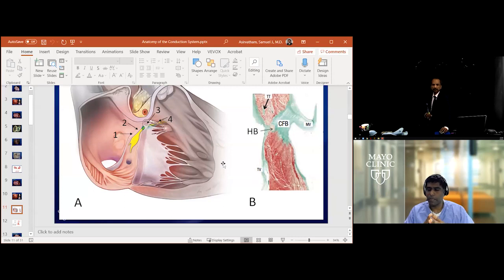When we are pacing for His bundle or conduction system pacing, is it better to do it more on the atrial side, or do we cross the valve to do it? So Siva, maybe I'll just take a shot at that. Let me bring this back up here.